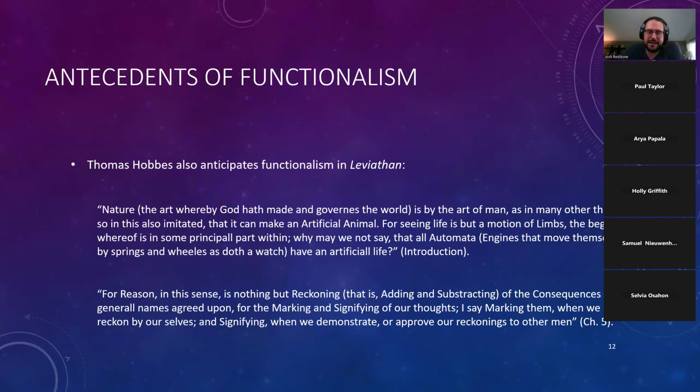Reasoning is nothing but reckoning, adding and subtracting the consequences of general names agreed upon, like our concepts. Really what Hobbes is describing here is something like symbolic logic, but he's doing it before we had really got there. It's like doing math with concepts.